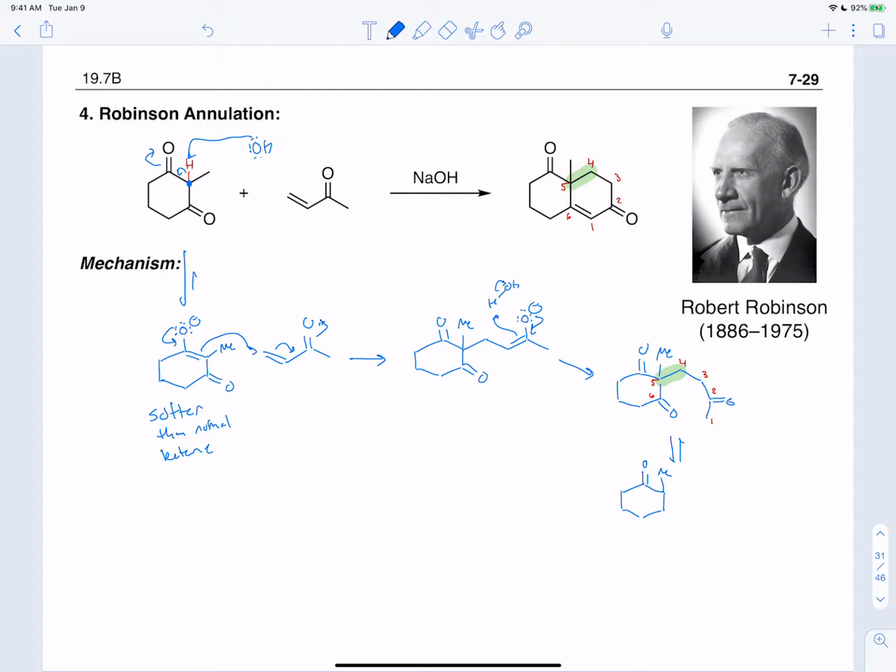So I ended up drawing this out explicitly. But in principle, we could have just said from here to here, proton transfer, because all we did was a protonation and then deprotonation again.